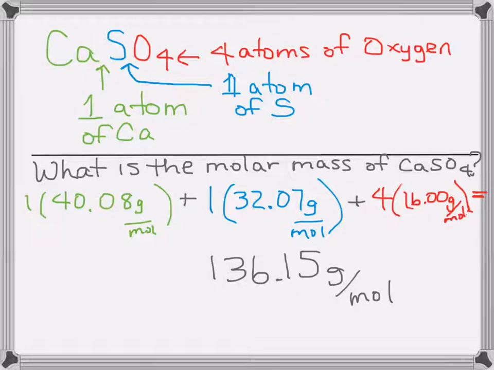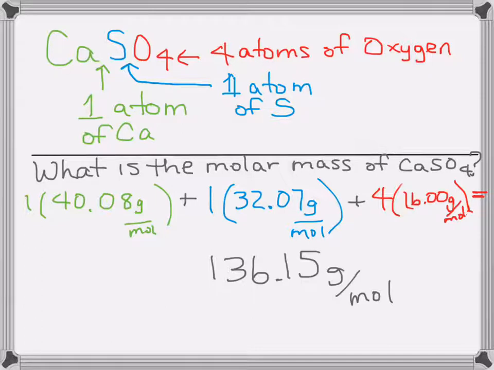The first one, let's say if we have calcium sulfate, first thing you've got to do is make sure you have the right number of atoms. So the Ca doesn't have a number behind it, so it's understood 1. The sulfur has 1 atom of sulfur in this compound. That 4 that's there is only for oxygen, okay?